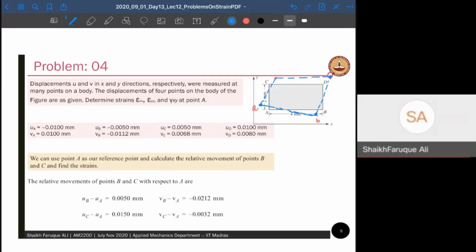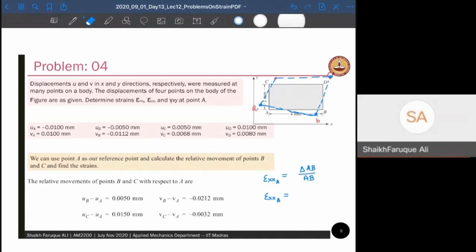So the formula was like this. Epsilon XX at A is going to be delta AB by previously whatever AB was there, AB.